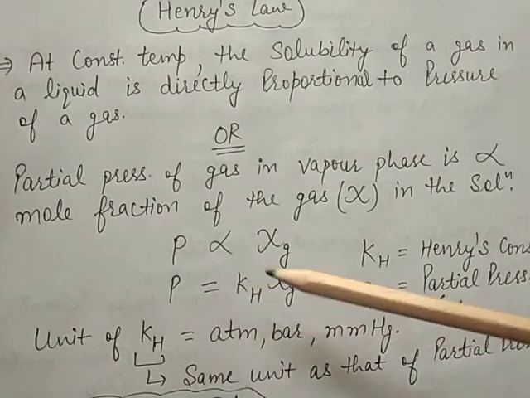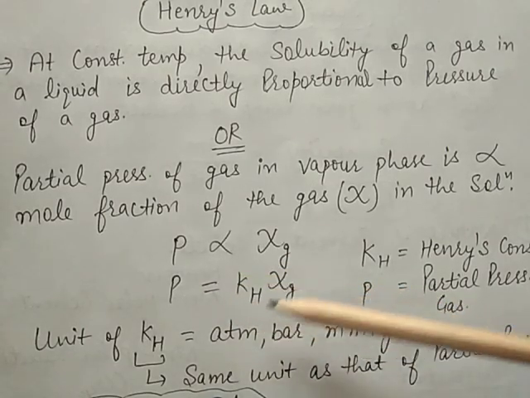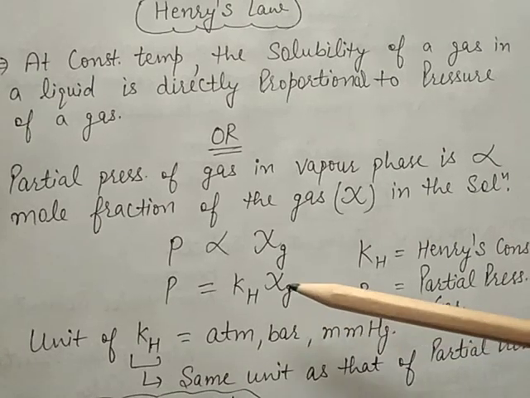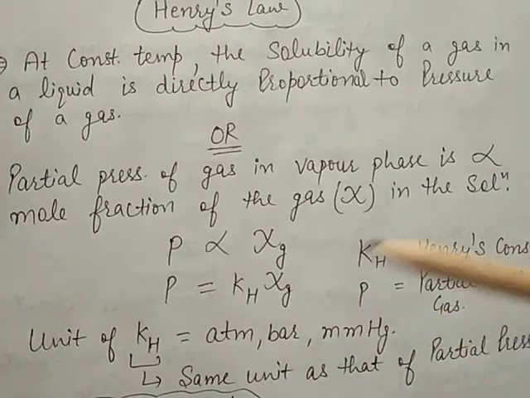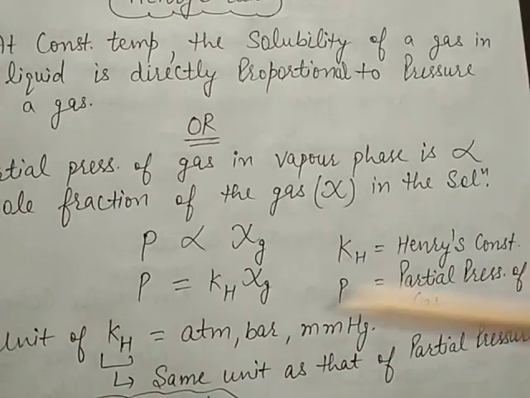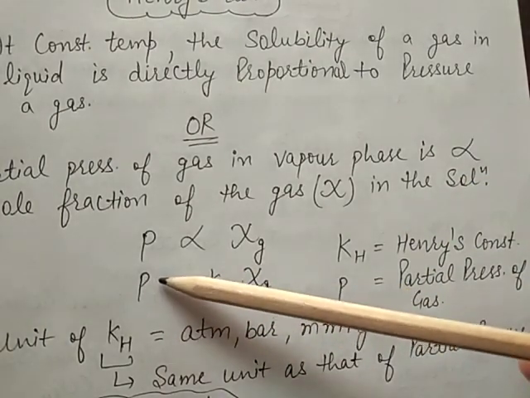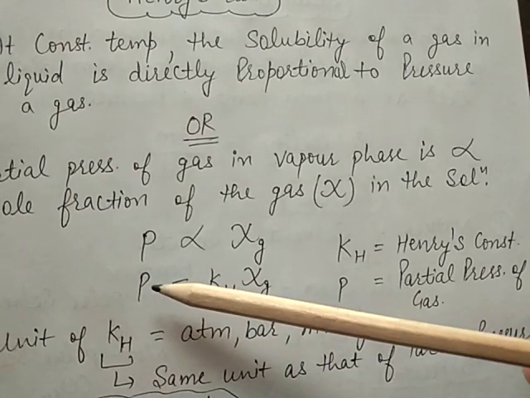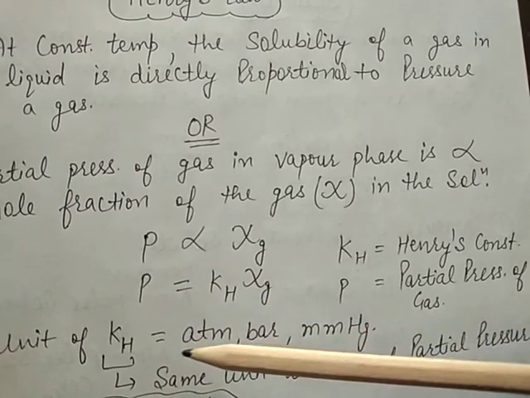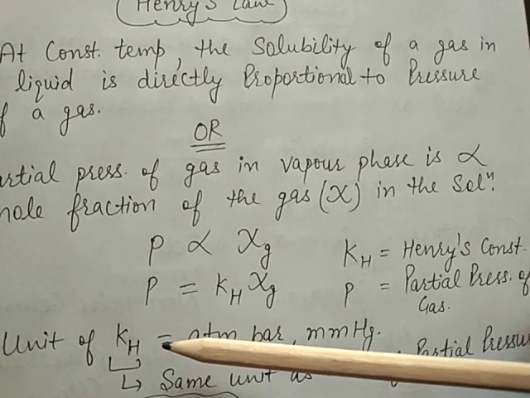P is equal to Kh zeta. Kh is the Henry law constant, zeta is the mole fraction of the gas, and P is the partial pressure of the gas. Now what is the unit of Kh?